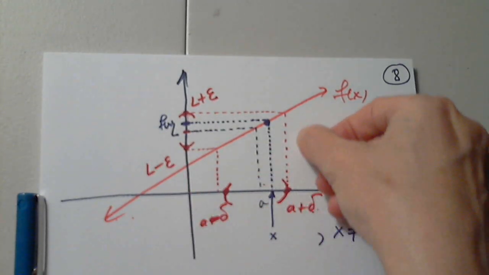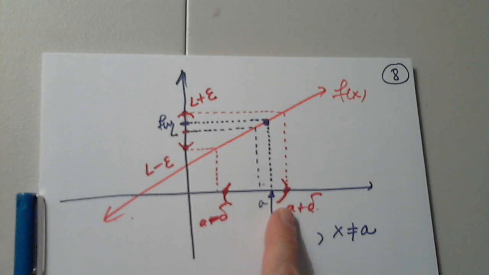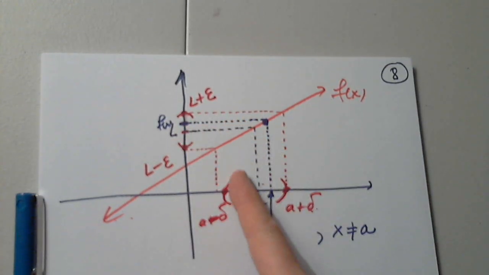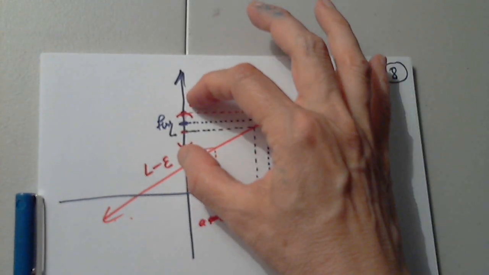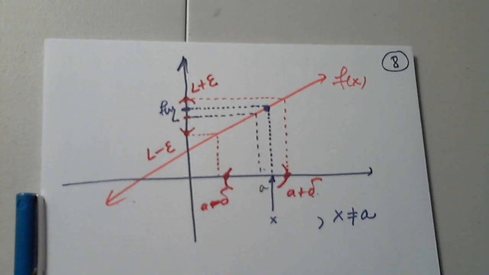If I choose the bigger delta, here will be outside of the interval. So I always have to choose the smallest delta. This mechanism will work. F of X will always be inside the interval L minus epsilon, L plus epsilon. This works because the limit exists for every epsilon.